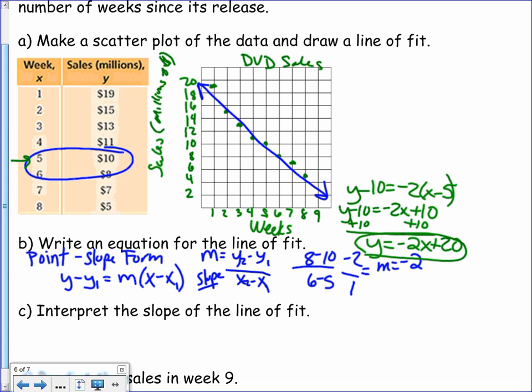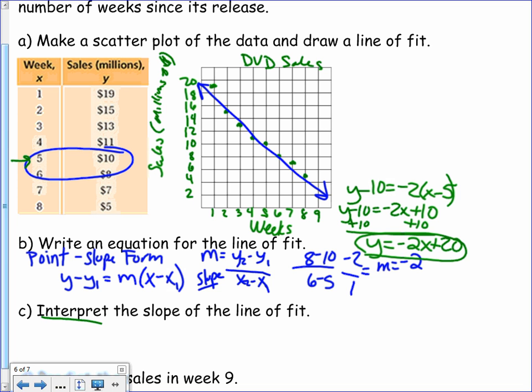Now it asks me to interpret that slope. So what does that slope of -2 mean? Well, in this case, it means that the sales are decreasing by about $2 million each week, because remember each one of these y's is in millions of dollars, and x is the number of weeks. Anytime you see interpret, that means you're going to write a sentence, or at least a phrase.